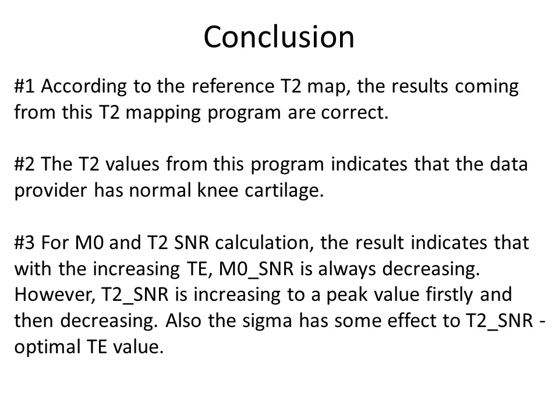And the third point is that for the M0 and T2 SNR calculation, the results indicate that with increasing TE, the M0 SNR is always decreasing. However, the T2 SNR increases to a peak value first and then decreases. Also, sigma has some sort of effect on the T2 SNR optimal TE value.